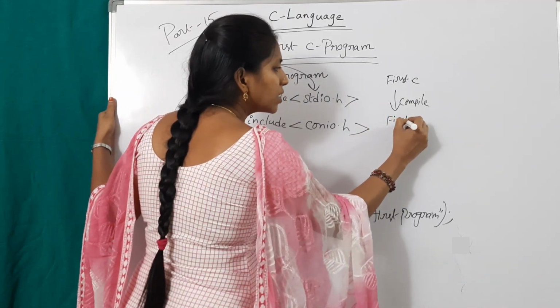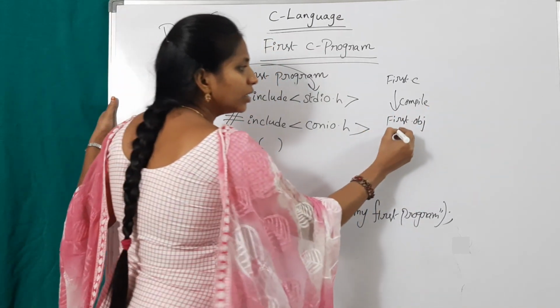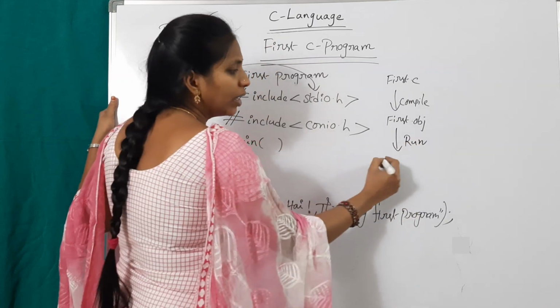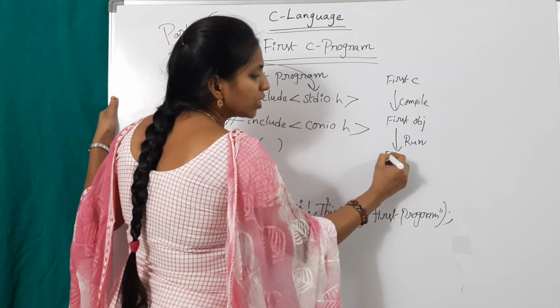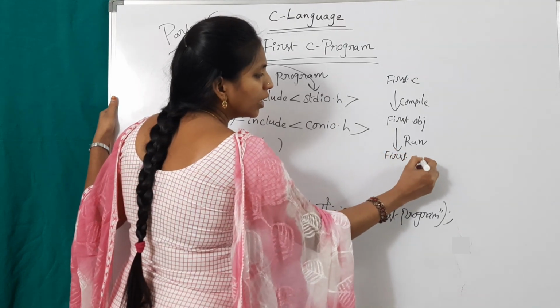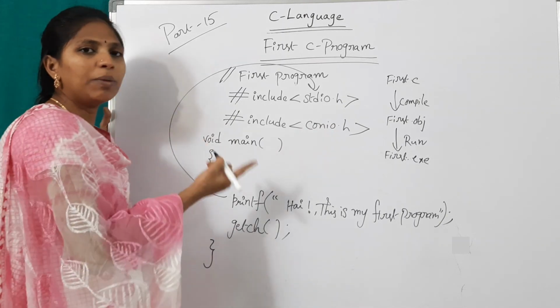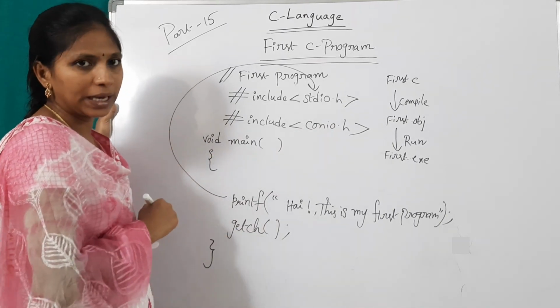The object code is first.obj. After compilation, execute or run this program. It will give an executable file. The executable file extension is .exe. There may be another file, a backup file, which is optional, first.bak.